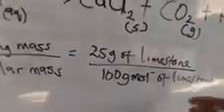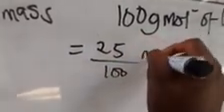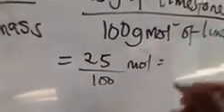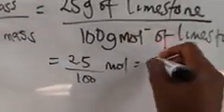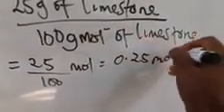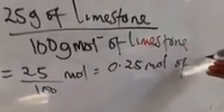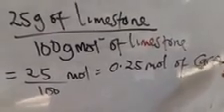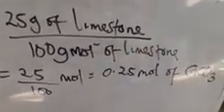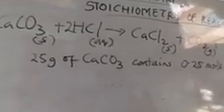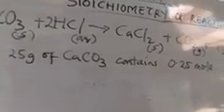So after our division operation, we have 25 over 100 mole to give us 0.25 mole of calcium carbonate. Okay, we have already converted the given unit to mole. 25 grams of calcium carbonate contains 0.25 mole.